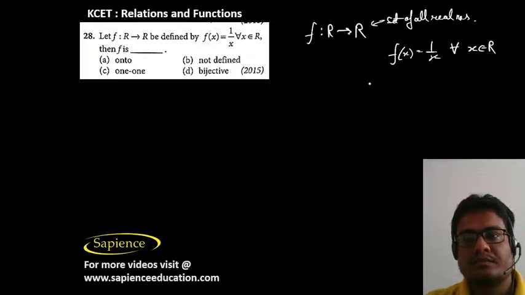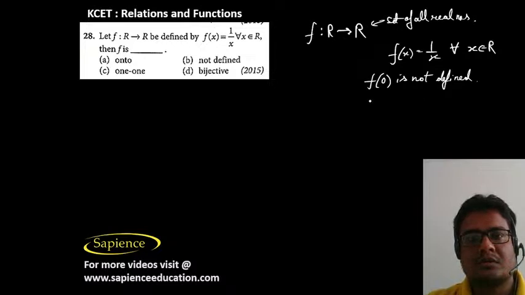Here f of 0 is not defined. So 0 has no image. Therefore all real numbers except 0 can be obtained.